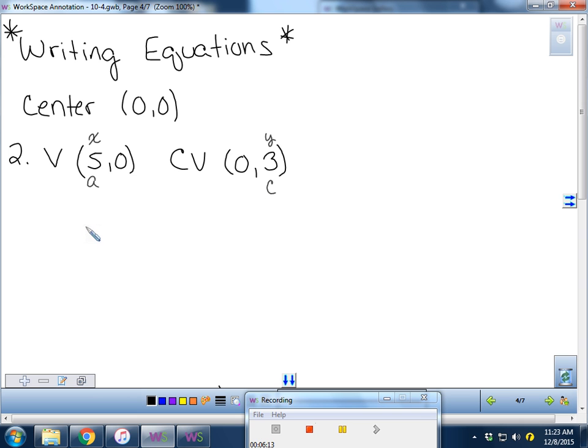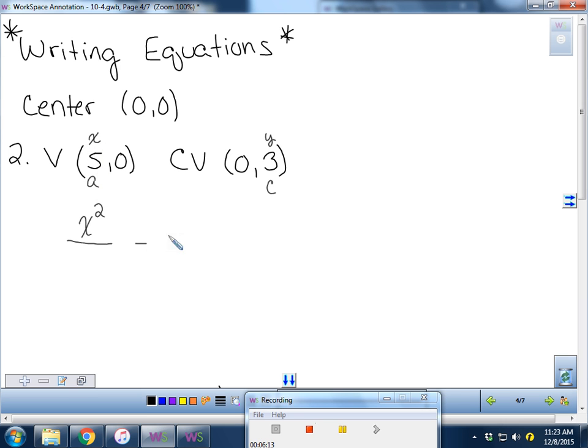But I do know that since the vertex is always on my transverse axis, and that is this one right here in the x spot, that means this is a left and right. So x squared will be listed first. And remember, another way to think of this is A is identified in the x spot, so it's going to have to be the one in front.